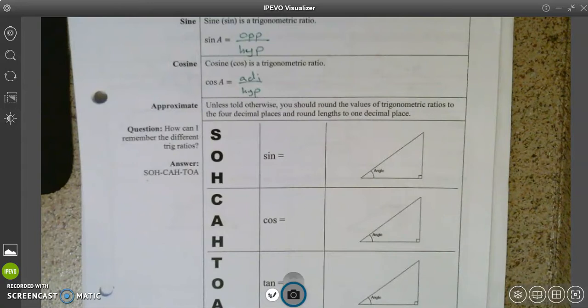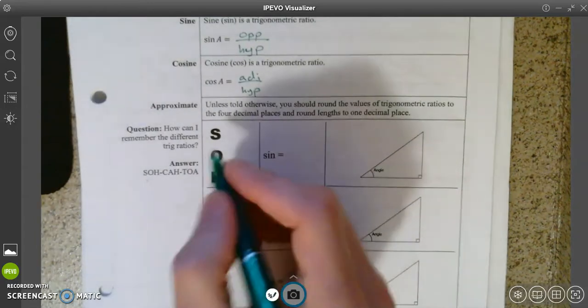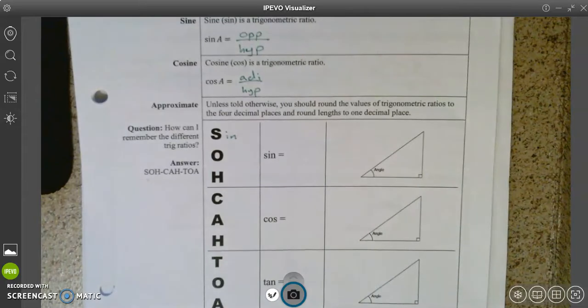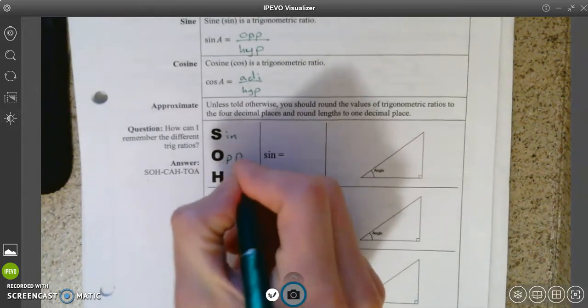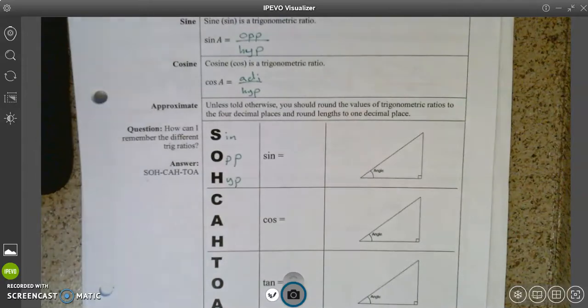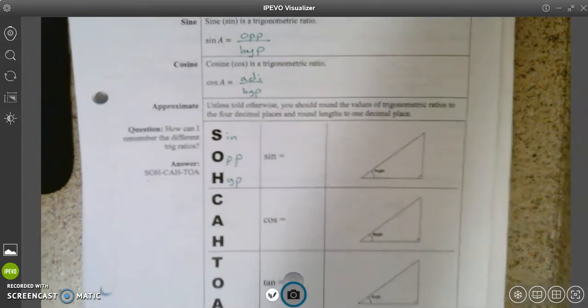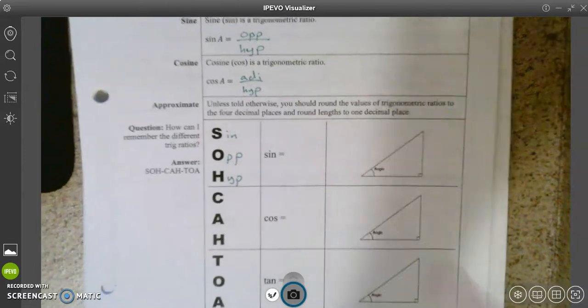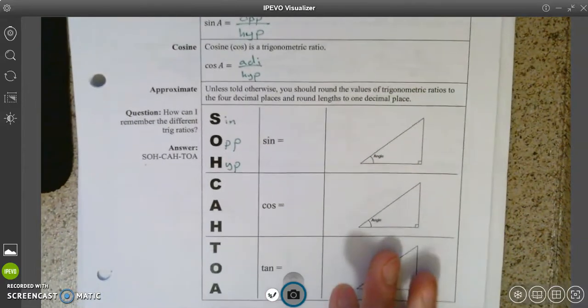And SOHCAHTOA represents: so, sine is opposite over hypotenuse. I'm going to try and make it just a little bit clearer. There we go.